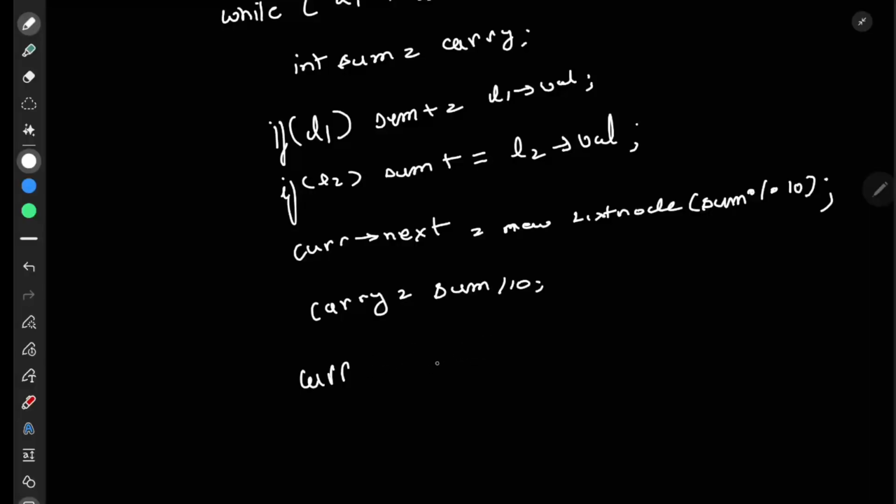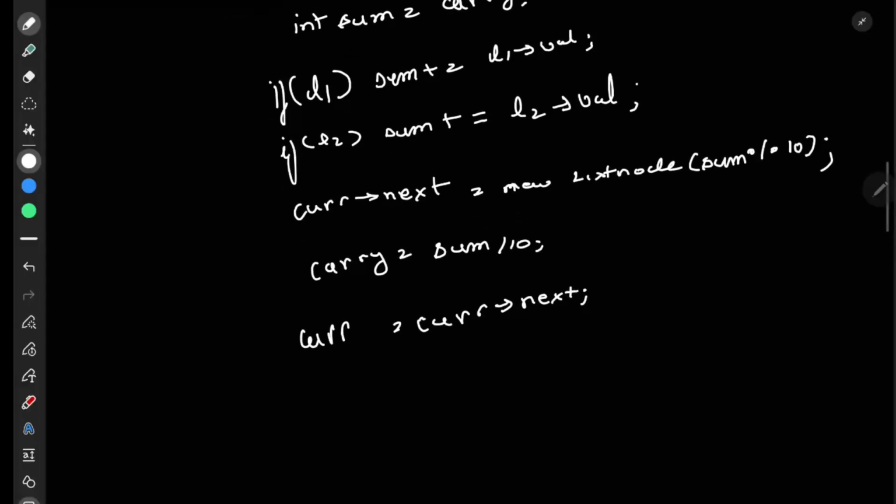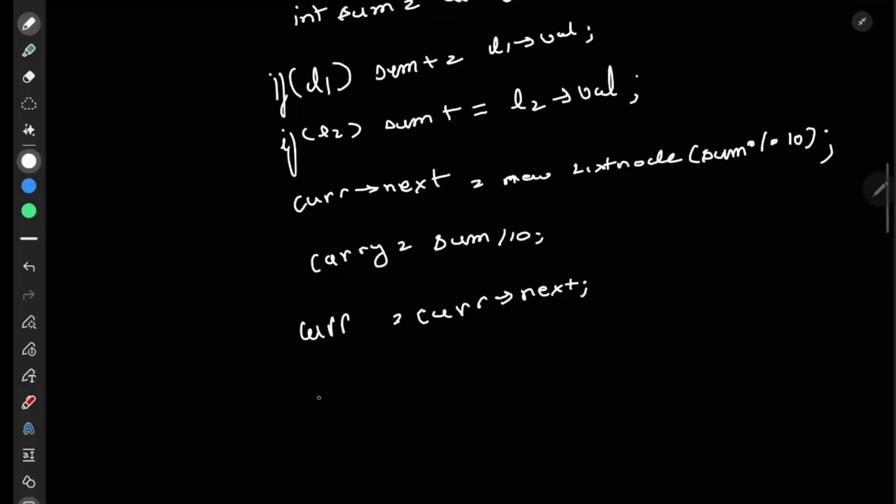Current equals current next. And since it's possible that the two linked lists we have, L1 and L2, might not match in their sizes, you have to check if either of the pointers is not null, then we can safely move them ahead.